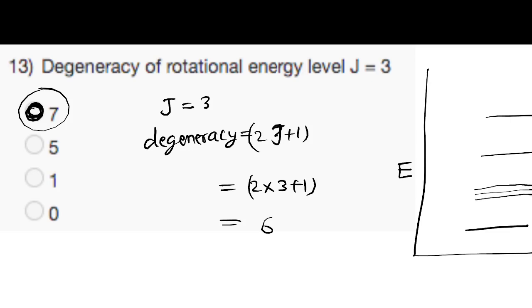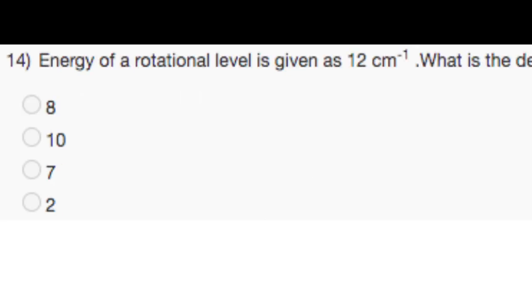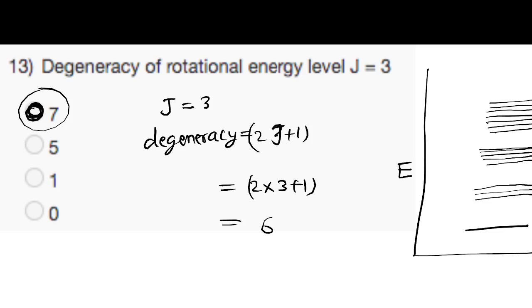For 2 we will have 5 such states, and for 3 we will have 7. So there will be 7 rotational states which have the same energy. This is the meaning of degeneracy. It looks like they have different energies, but they will have the same energy.